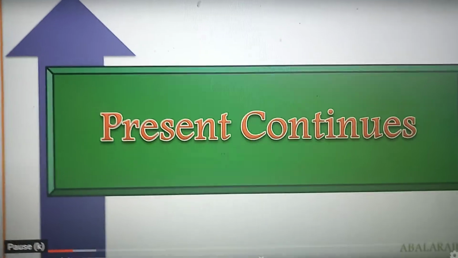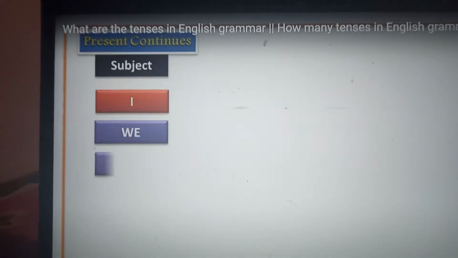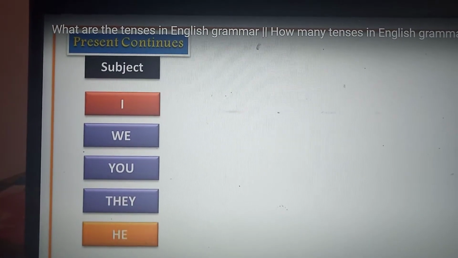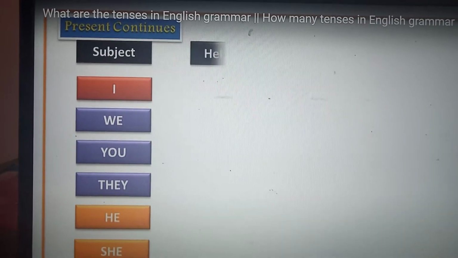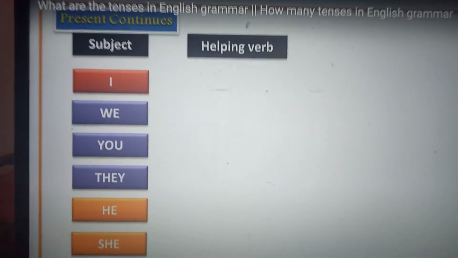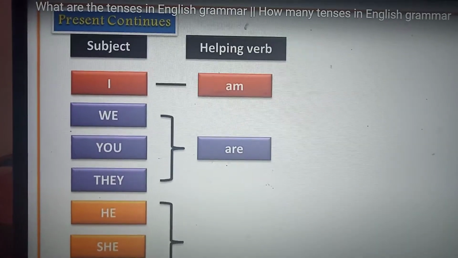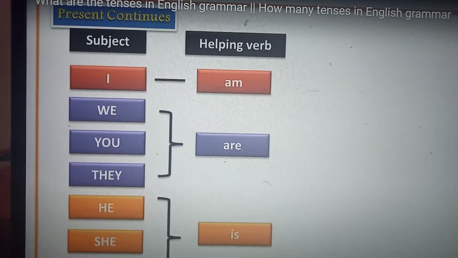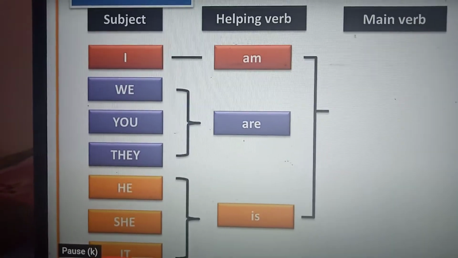Now present continuous. What is continuous? The spelling is C-O-N-T-I-N-U-O-U-S. What is present continuous? ING form. I'll give you the formula now. I am, you are, we are, they are, he, she, it is.